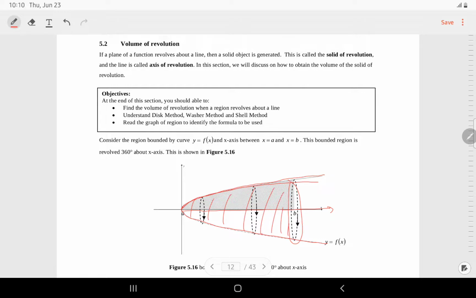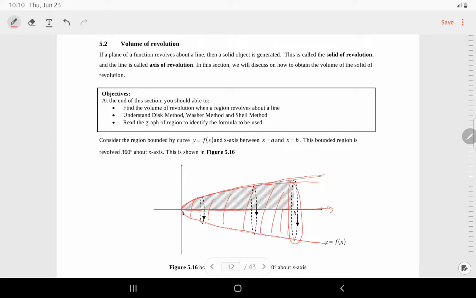So what we are going to learn in this subtopic is to find the volume. Why we are talking about the volume? Because as I mentioned before, when we have a curve or a function and we revolve it about a line, kita pusingkan dia 360 darjah, so it will become a solid.